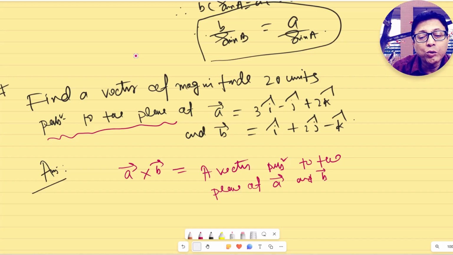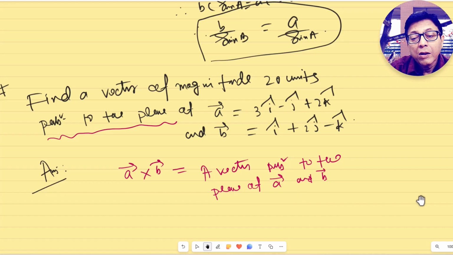What you are going to do there is just remember the meaning of A cross B. To find a vector perpendicular to the plane, A cross B itself is a vector perpendicular to the plane of A and B, isn't it?